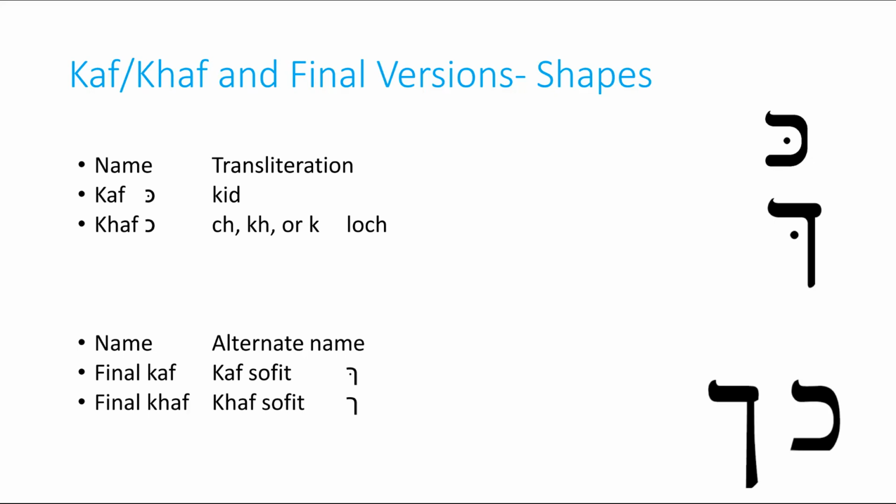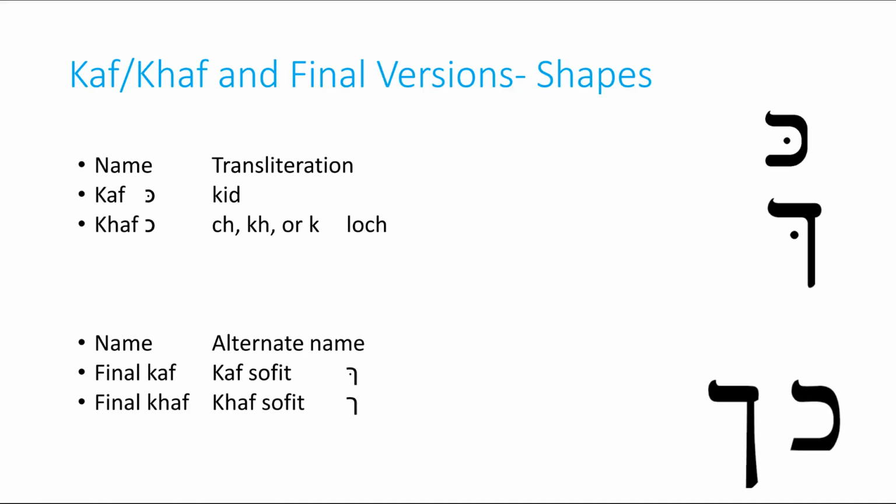We're not sure why some of the letters have this, what's called the sofit, this final form. We think it might help with punctuation because there aren't full stops and commas and such in Hebrew. There've been a few things added to make it a bit easier nowadays, but it might have had something to do with telling you when to end a word.